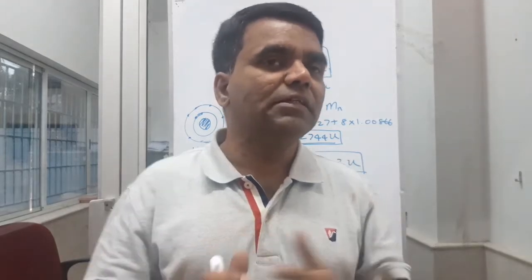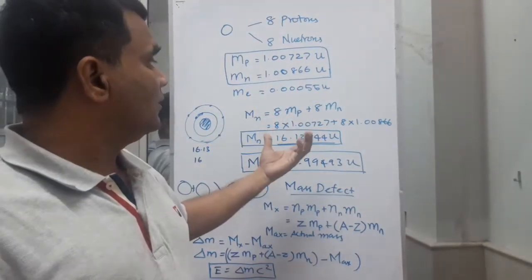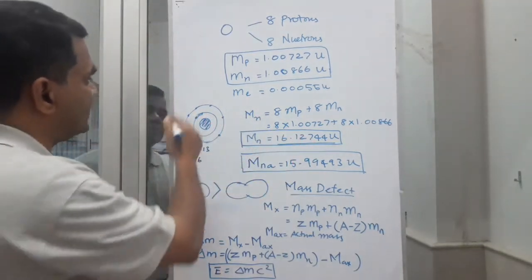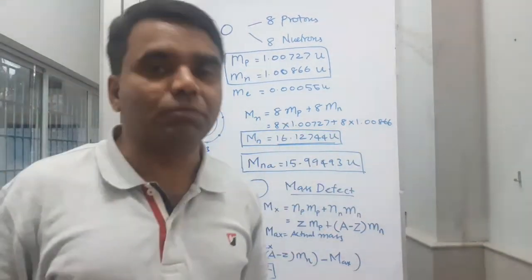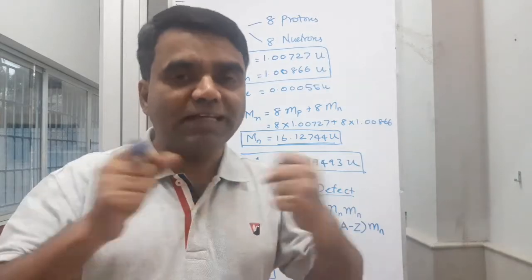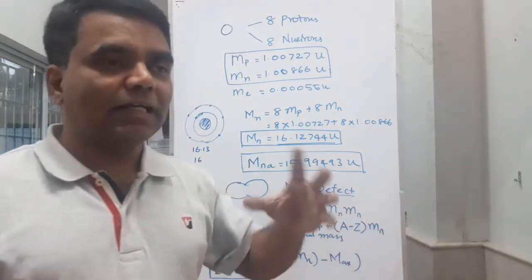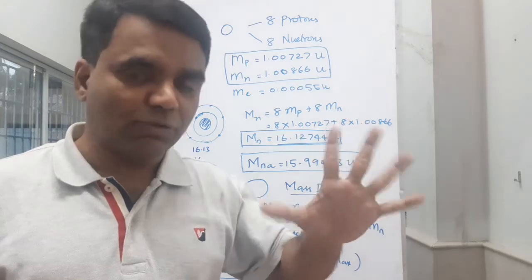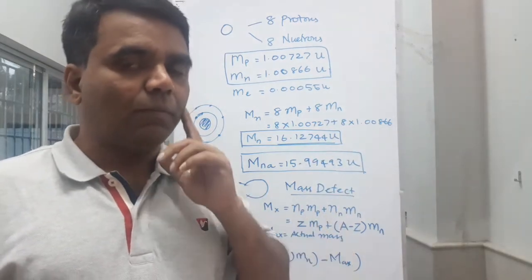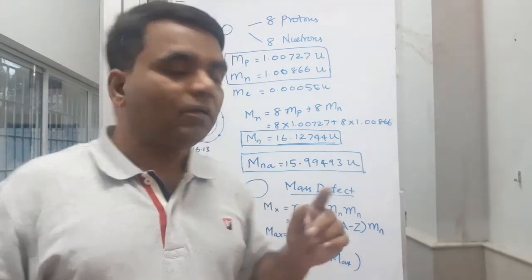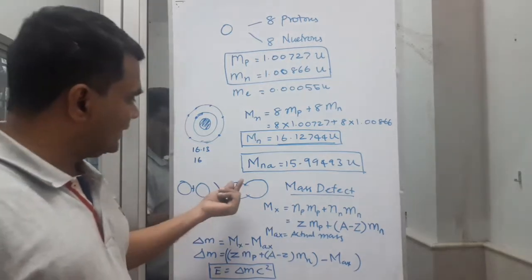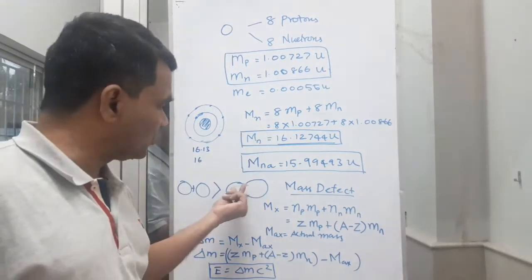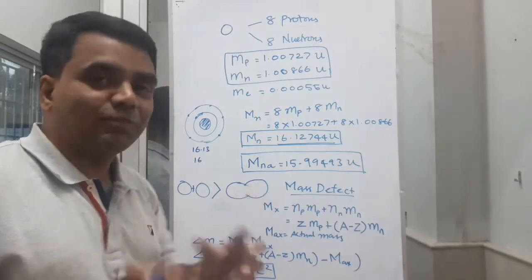Suppose I am going to break this nucleus into its constituent parts. If I break this, then I should have 8 protons and 8 neutrons. But look, now you have a partial proton, the proton is not full, and you also have a partial neutron.